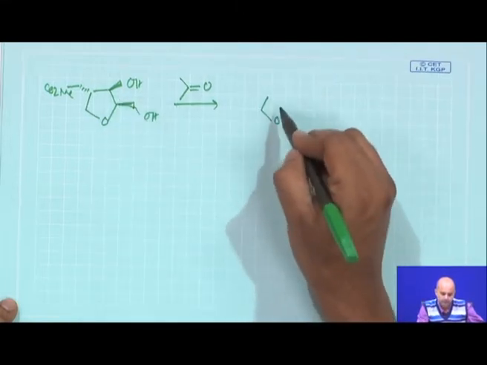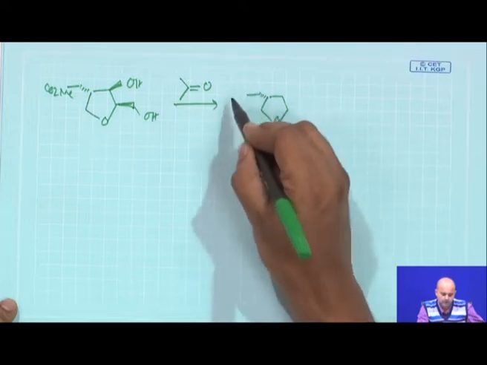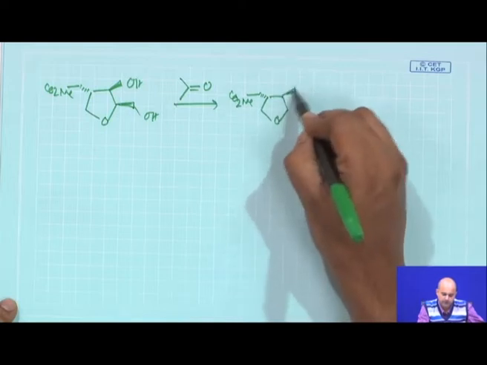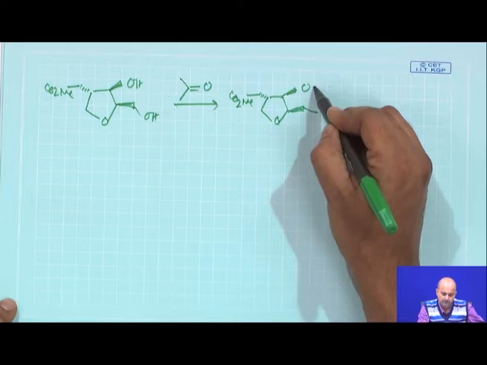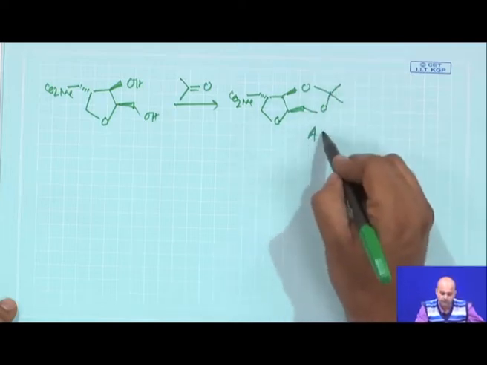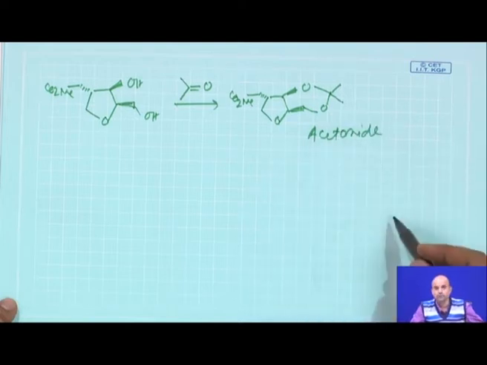So, what will acetone do? It will basically form the cyclic ketal, which is named an acetonide in chemical terminology.